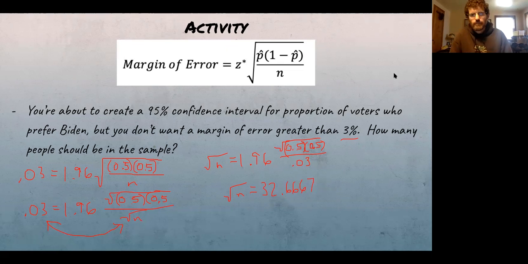All right, and that's what I got as my answer. Again, I know I'm kind of jumping ahead. Maybe some of you are spending a little more time doing this calculation. I don't know. But just under 33. But that is the square root of n. So remember, to get n, which is the sample size, we're going to need to square both of those.